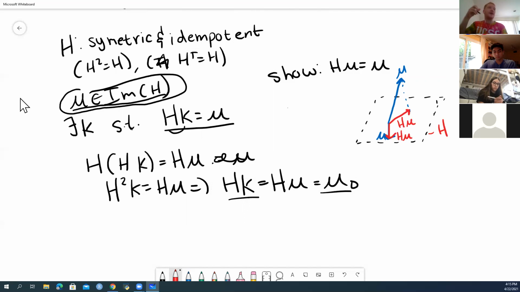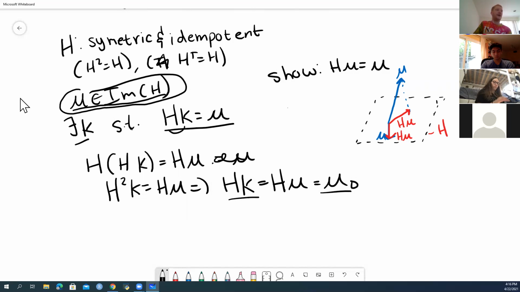He just wants you to show it using the fact that it's idempotent, which is a lot easier. This is a very easy case. So I said mu is in the image of H, and the definition of being in the image of H means that there exists some K such that HK is equal to mu, right? And then I went from there. So I started here and I said, okay, I have mu, but I also need H mu.